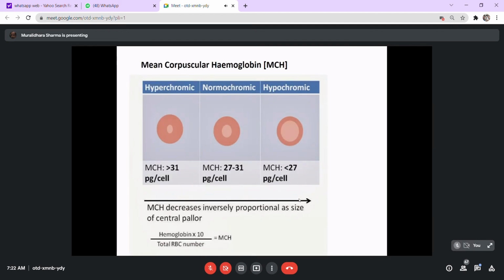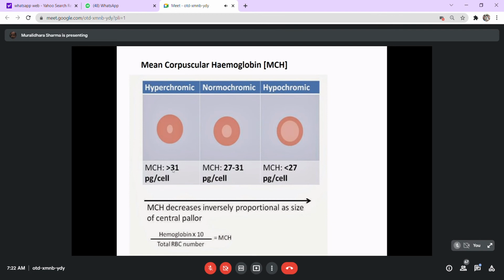Or similarly, the corpuscular hemoglobin. Now, when we say hyperchromic and hypochromic, it is about the evidence of the color which you see under the microscope. Instead of that, you make use of this technology and assess the color.